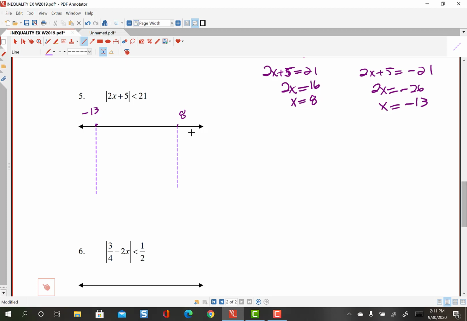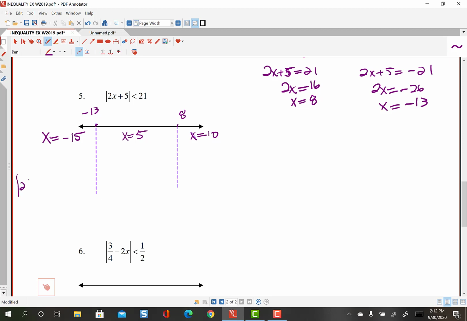So let's say, for instance, let's go back to my pen here. Let's say I had x is 10. If I wanted to select something between negative 13 and 8, I know a bunch of you are going to use 0. Doesn't matter what you use. Let's say I let x equal 5, that'll work. And let's say something less than negative 13, like negative 15.